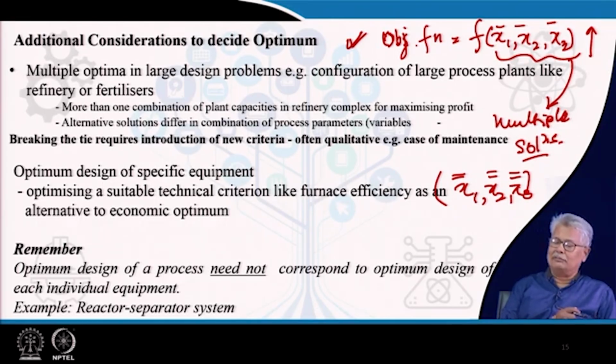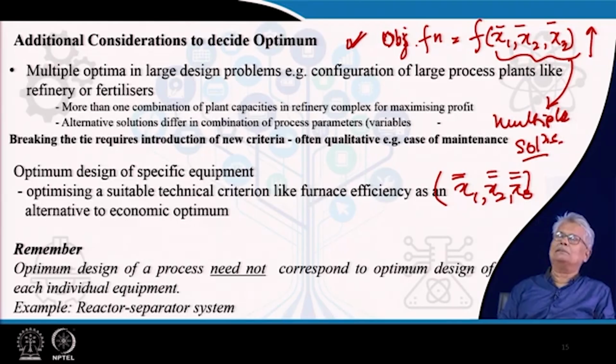The question that I have here right now is, how will you do it? The most common thing which is done is something like this. For example, I have decided that I am going to design a refinery with these plants, and for the moment the plants are only 3 in number and their capacities are going to be x1, x2 and x3.